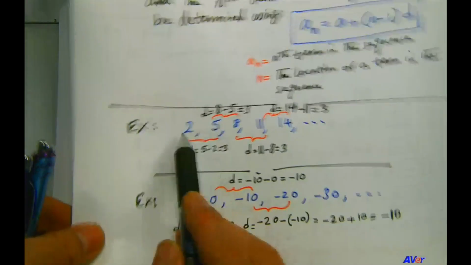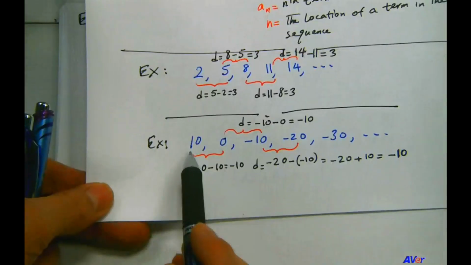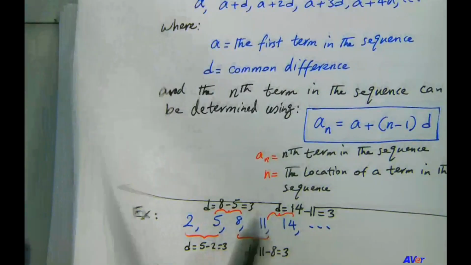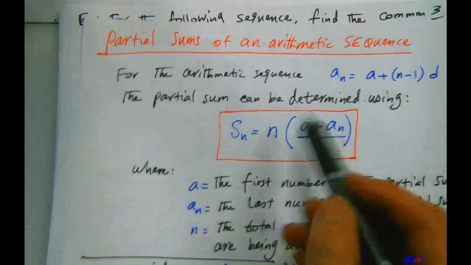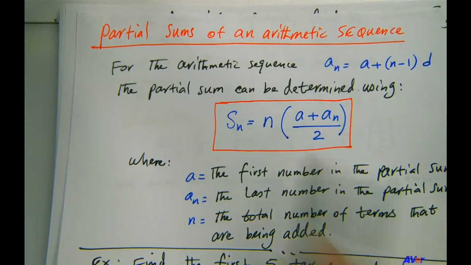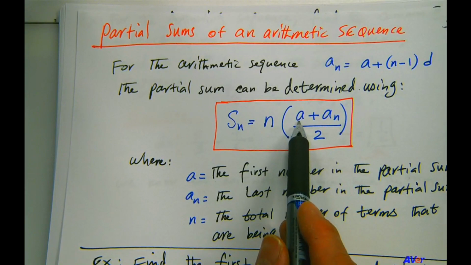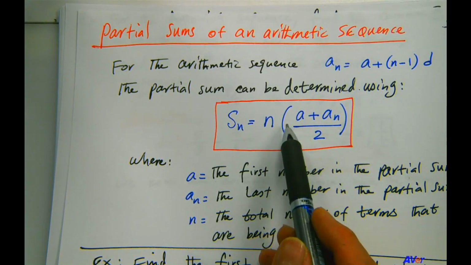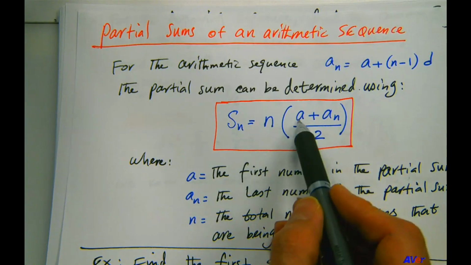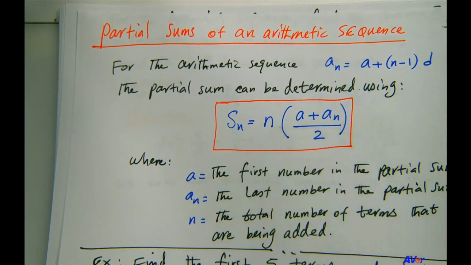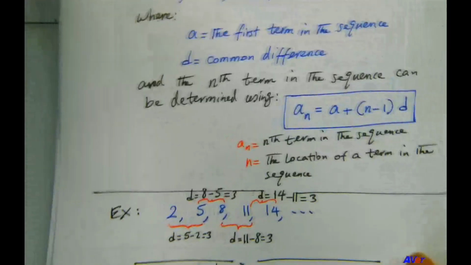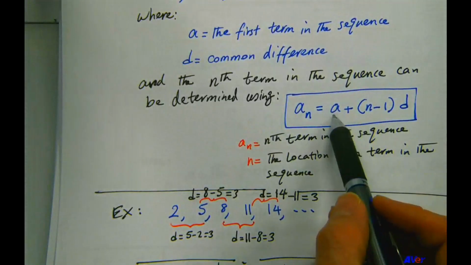So that would be 2 here, that would be 10 here, and that's what that a represents. But in the next formula, when we talked about a being the first number in the partial sum, it's the same letter. And again, I'm using these because I want to be consistent with your textbook. But a here, in this formula, is not the same a as you have here. It just occurred to me to explain this.